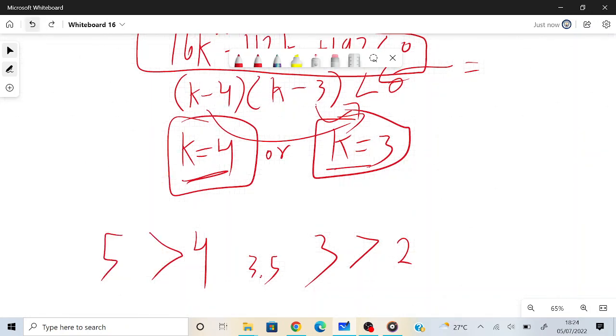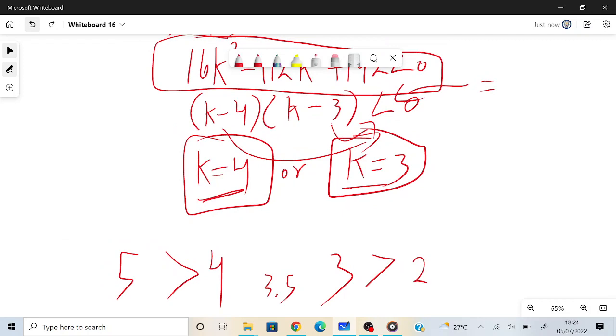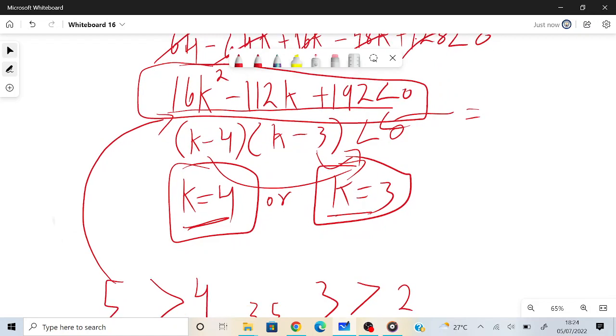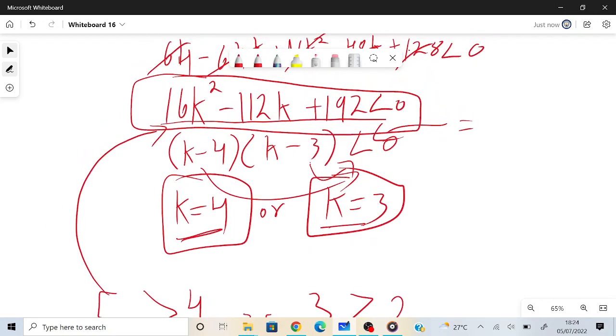Okay, so let's test with 5 first. Let's put 5 into all the places of k in this quadratic equation over here. You always put it into the quadratic equation you get after using the discriminant. Let's see if we put 5 in places of k, does it satisfy the inequality? Is the answer less than 0?